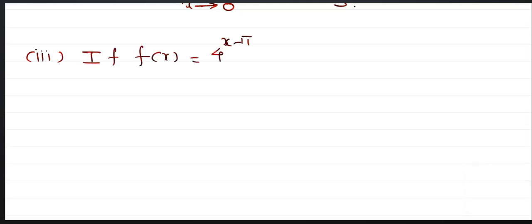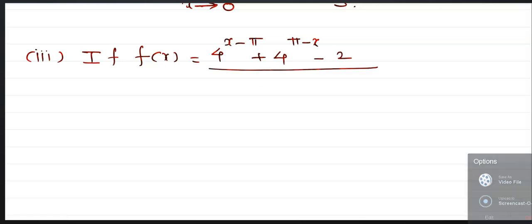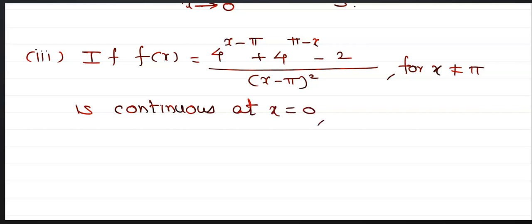If f of x is equal to 4 raised to x minus pi plus 4 raised to pi minus x minus 2 upon pi upon x minus pi bracket square, for x not equal to pi, is continuous at x equals 0.